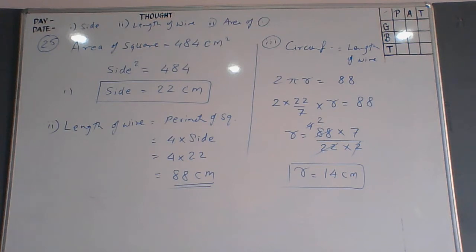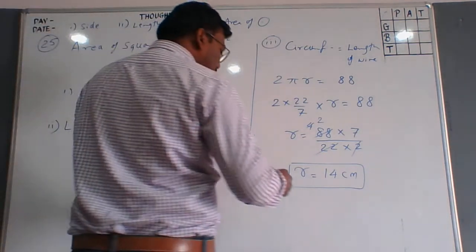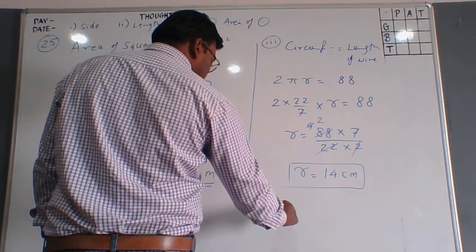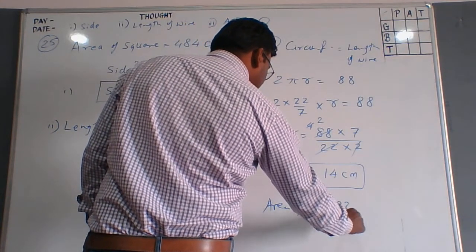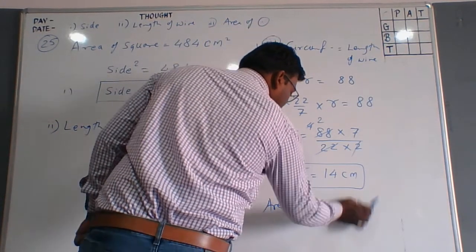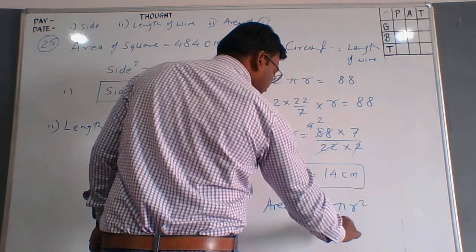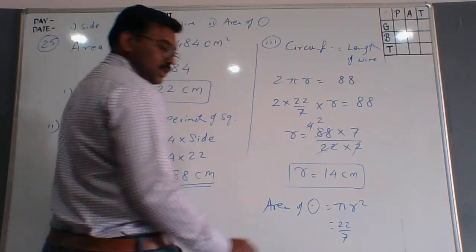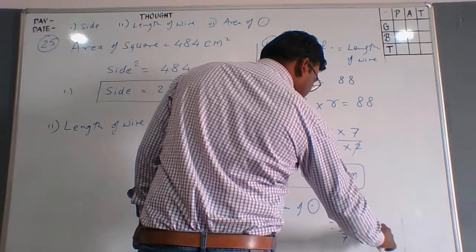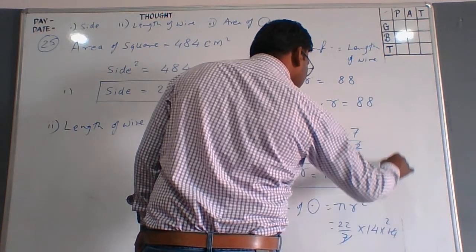So once we get the value of radius, our question is to find out the area of circle. So to find out the area of circle, apply the formula. First we will write the formula. That is pi r square means 22 by 7 into radius, 14 into 14. 7 ones are 7, 7 twos are 14.